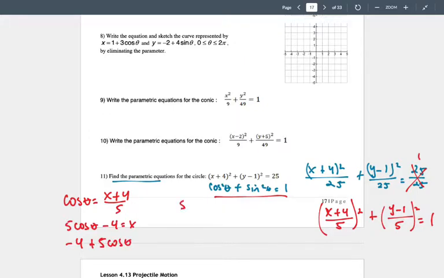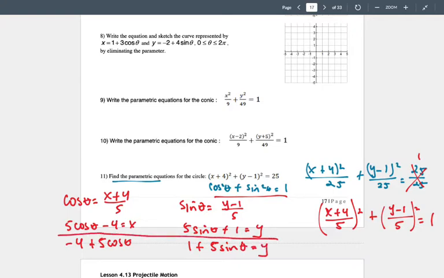And then over here we've got sine theta equals y minus 1 over 5. So that'll be 5 sine theta plus 1 equals y. Or again, you could write it as 1 plus 5 sine theta equals y. But these are my parametric equations. That one was equal to x.